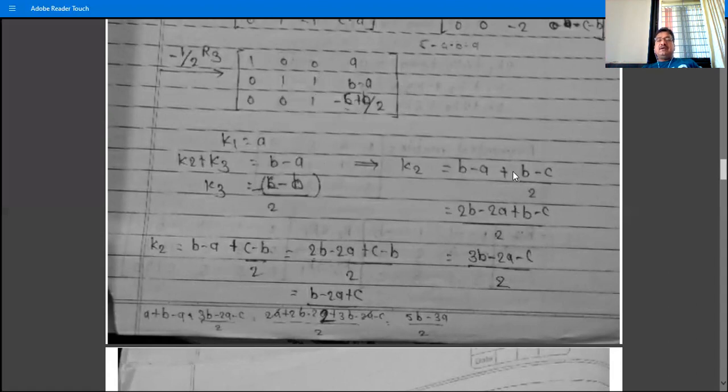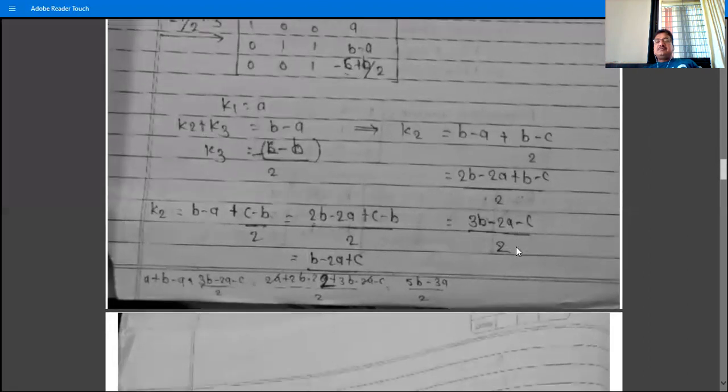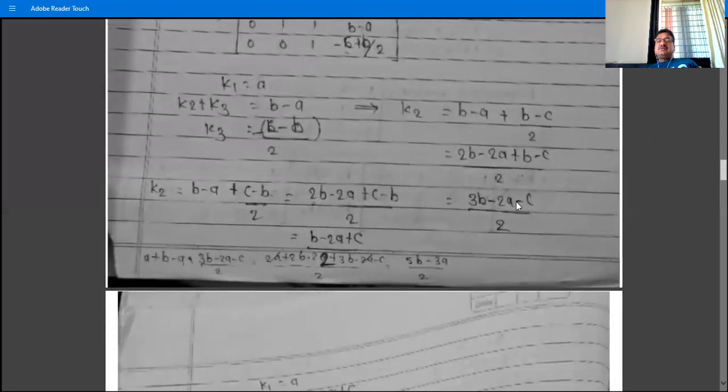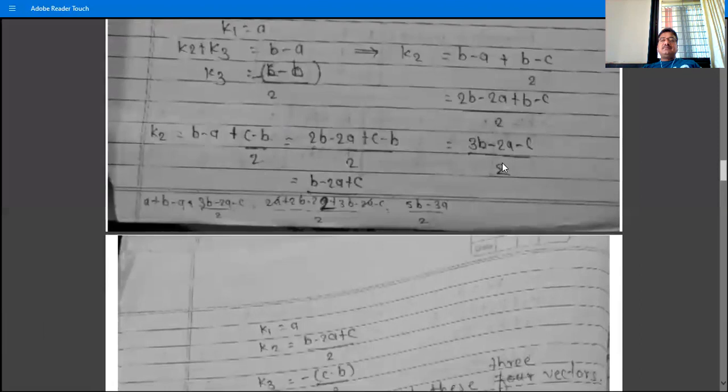And therefore K2 is B minus A minus K3, so plus B minus C by 2. After simplification we have 3B minus 2A minus C by 2. So K2 is 3B minus 2A minus C divided by 2.